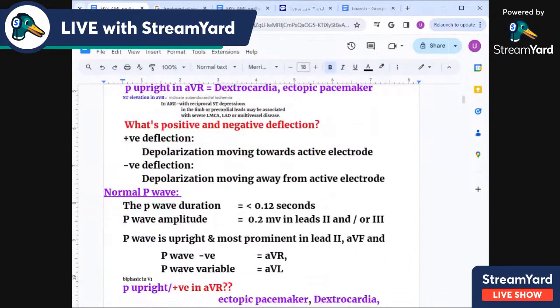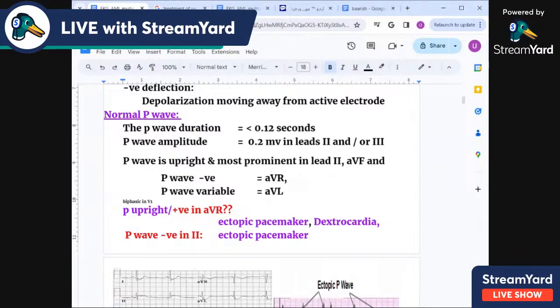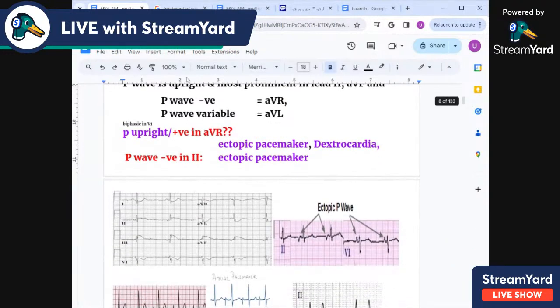P wave. So we did the normal: the duration is 0.12 seconds, and the amplitude is 0.2 millivolt, as I already discussed. P wave negative in aVR and variable in aVL, and P wave positive in aVR in ectopic pacemaker and dextrocardia, and also in limb lead 2 negative in ectopic pacemaker.